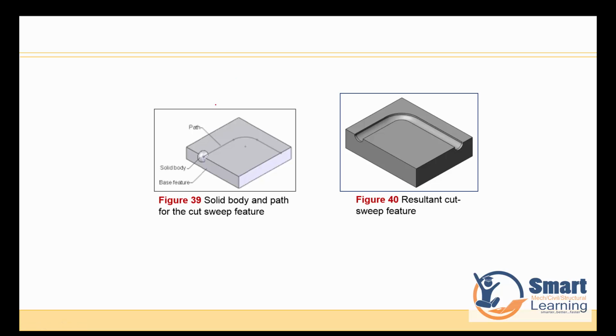And also if you have a solid body and a path, that also can be used for getting this kind of resultant feature. So here is the solid body like a sphere or maybe hemisphere, and there is a path, and with respect to that you can also create this kind of feature that I'll be showing you right now.